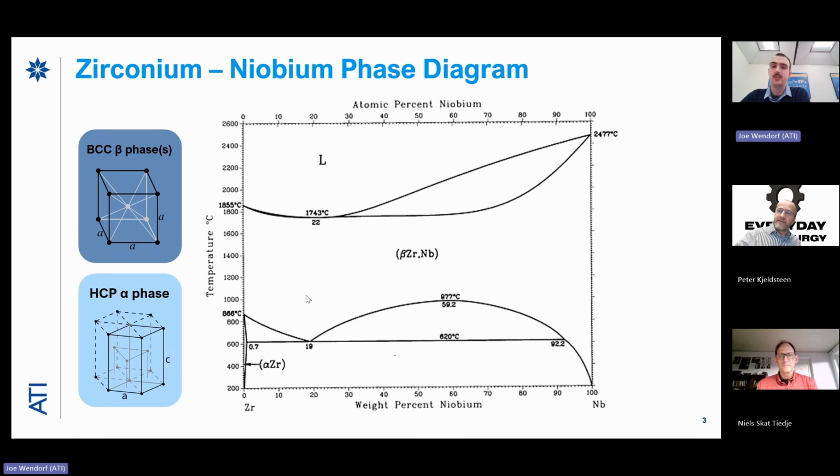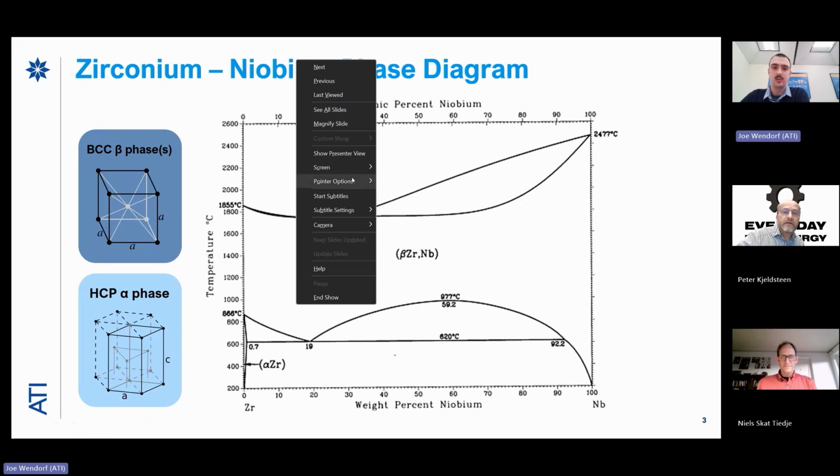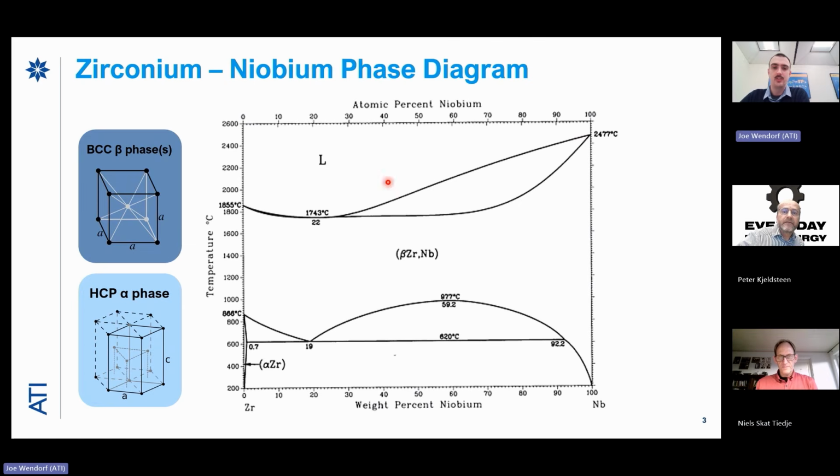So in the case of zirconium with 2.5% niobium, the interesting thing that this miscibility gap causes is that if you equilibrate in this triangle here, your beta phase is enriched in niobium, but it's enriched to 10%, or if you cool down, it goes up to 19%.